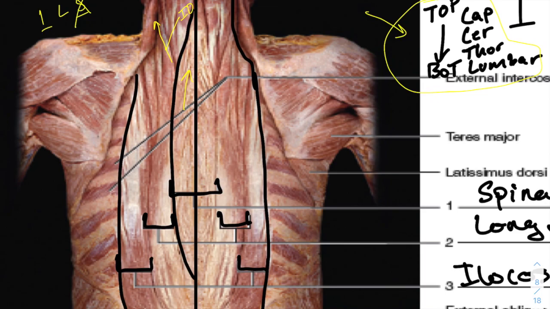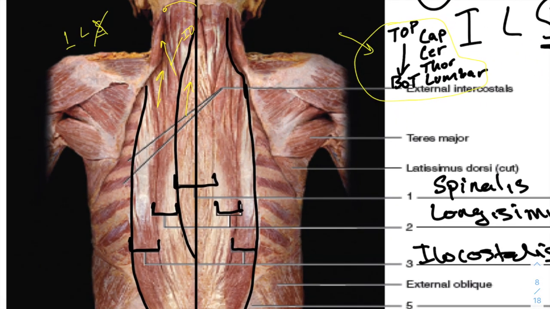Let's also move laterally. Is it iliocostalis? Iliocostalis does not have a capitis part. It does have a cervical part, so you should be able to see something going to the neck, but it doesn't look like it's going to the neck. And since this diagram already made it abundantly clear that this is way too lateral to be iliocostalis, you're left with the lumbar aspect.